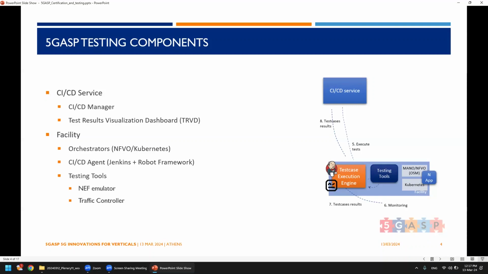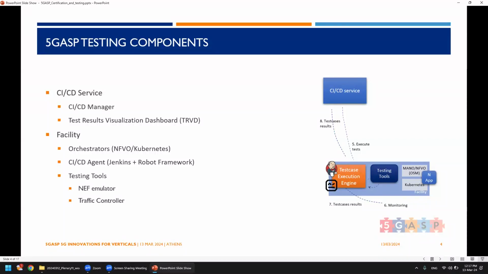It can trigger specific test execution at the respective testbeds, and also incorporates the test results visualization dashboard, a list of the tests executed, which is then fed to the certification entity to check which tests lead to specific certifications.